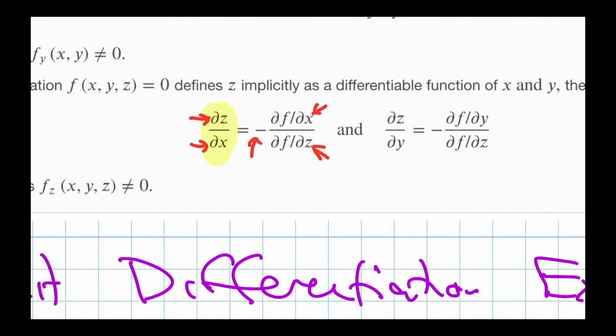And when you do dz dy, if the y is on the bottom here, it's on the top here. Z's on top on the left, z's on the bottom on the right. And also there's a negative. So there are kind of clues here to help you remember these things.